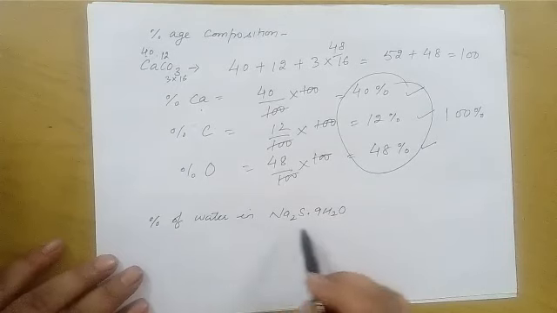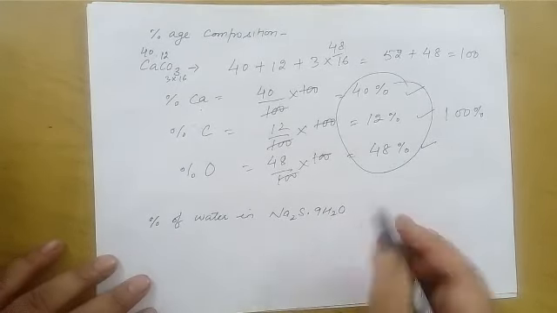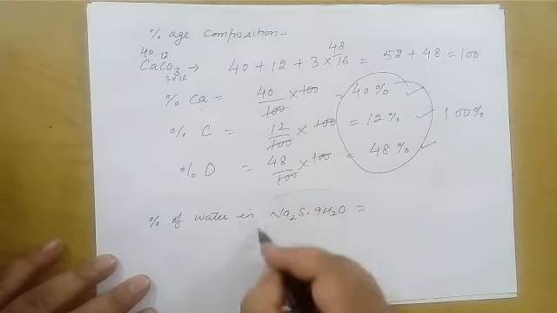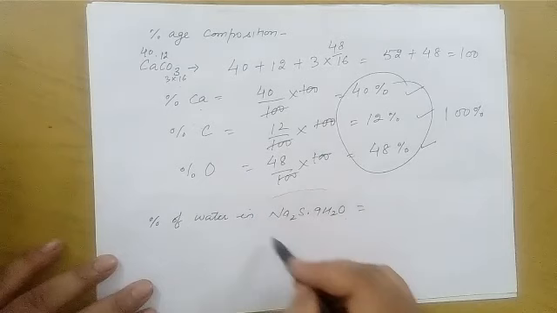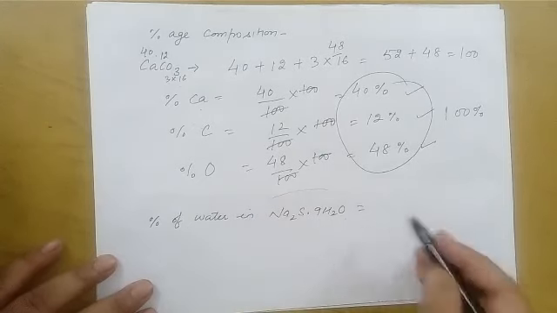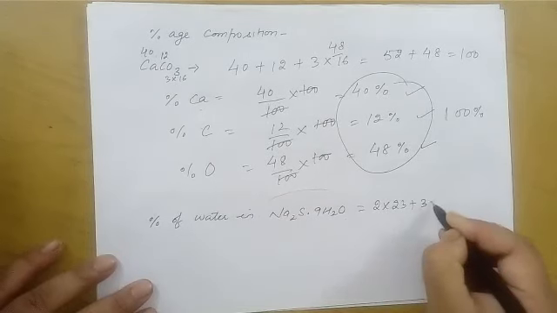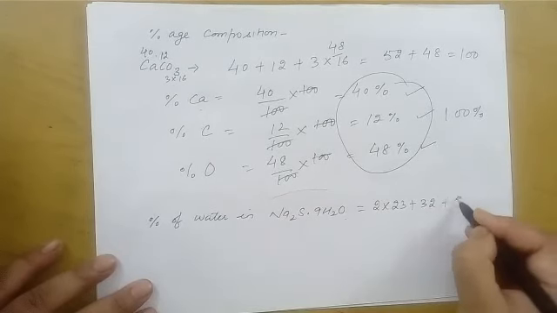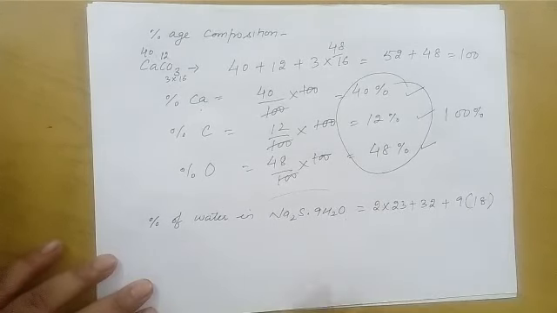How to find the percentage of water in sodium sulfate dot 10 molecules of water? So first of all, let me find out the molecular mass of this compound. This is 2 into 23 plus 32. So water is 18.